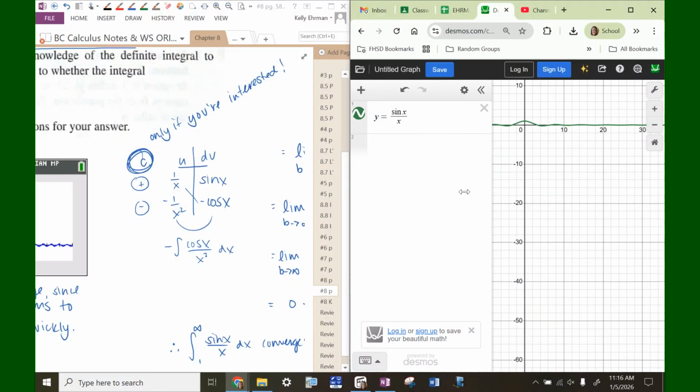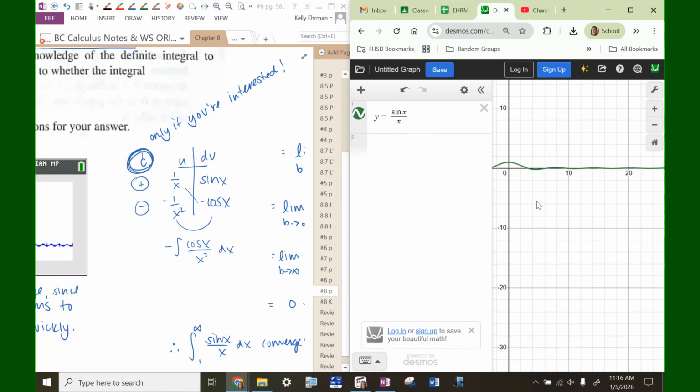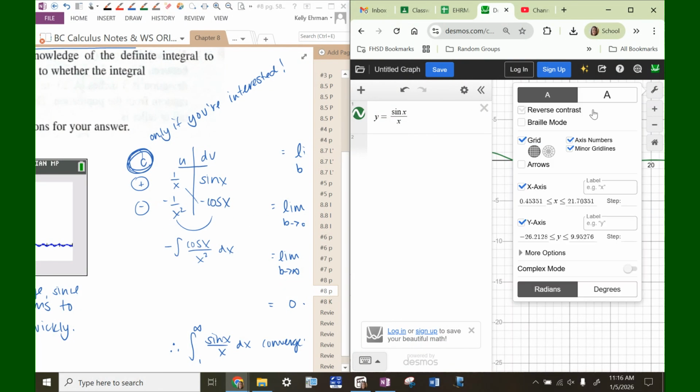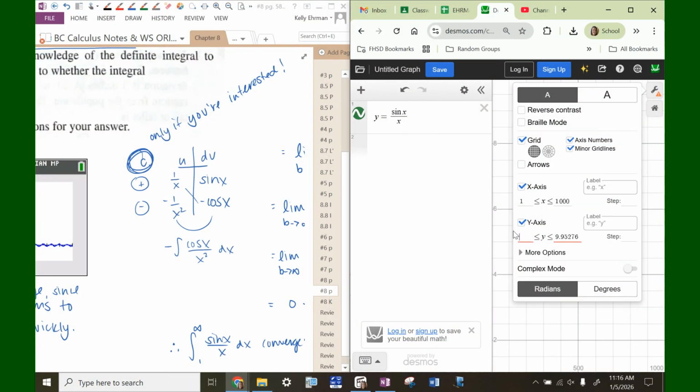From 1 to infinity, so let me just change this window. Let's make this go from 1 to 1,000. I know that's not infinity, let's just let the y's go from -1 to 1. Let's even make this just 1 to 100.